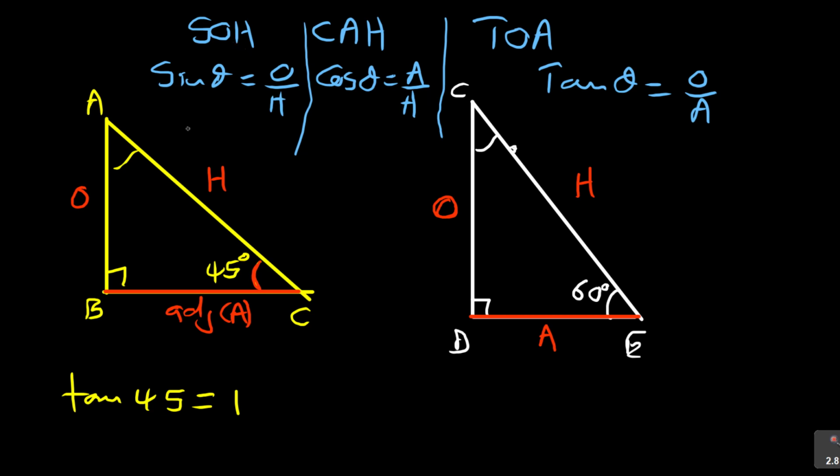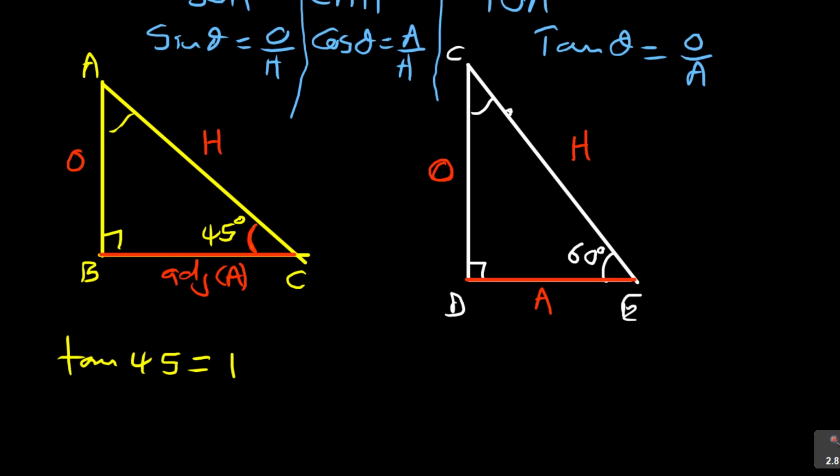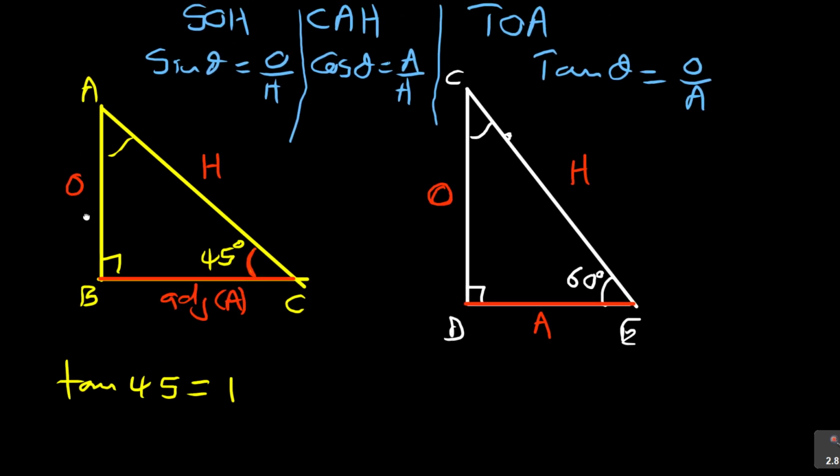So now, having done that, look at tan 45 now. Tan 45 is the same as saying, that's TOA, if I want to identify my opposite over my adjacent here, I'll say 1 over 1, because 1 is 1 over 1. Why am I saying that?